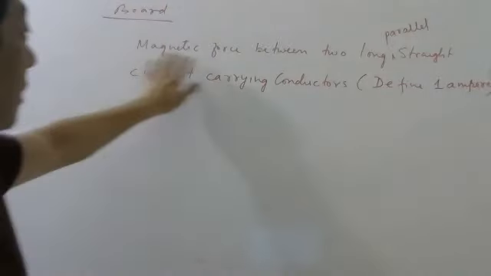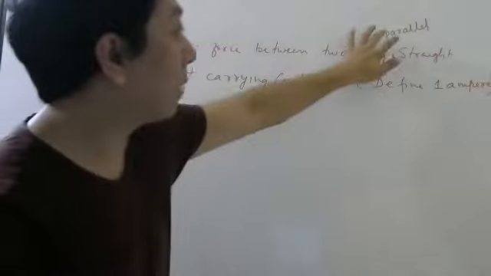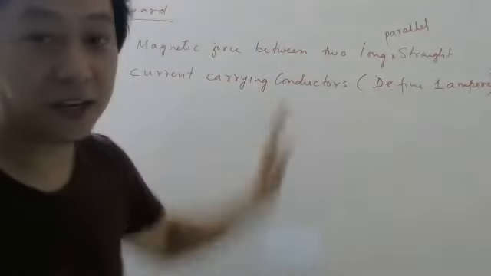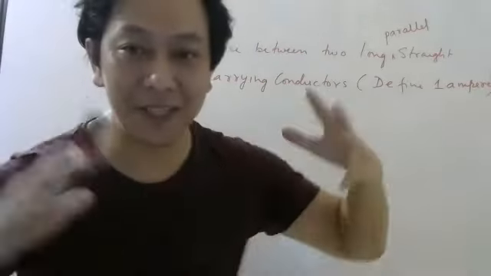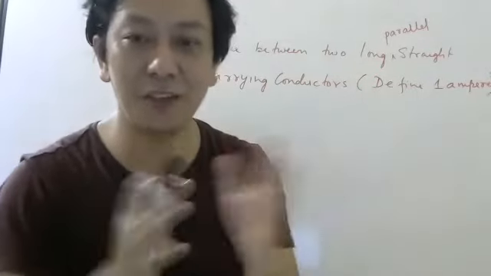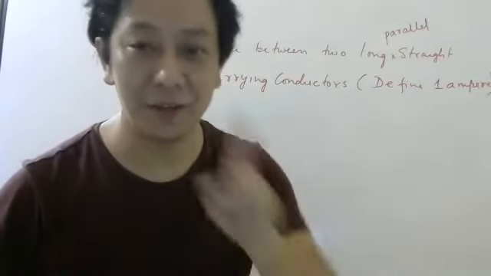The topic is magnetic force between two long parallel straight current carrying conductors. Now, this topic is basically the combination of whatever we have done in this chapter. So let us begin.